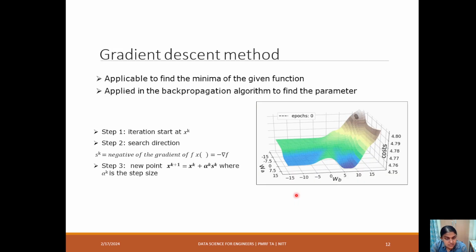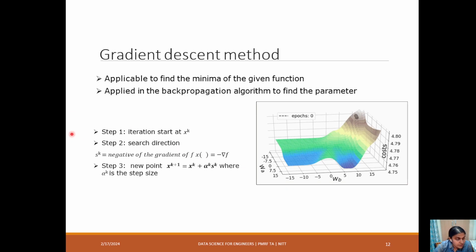Then in the fourth lecture, you have seen the gradient descent method, which is applicable to find the minima of a given function. It's usually seen in neural networks, where it is applied in the backpropagation algorithm to find the parameters.